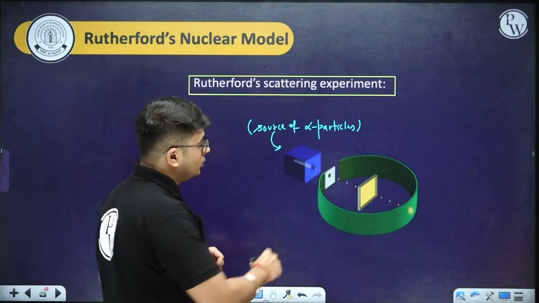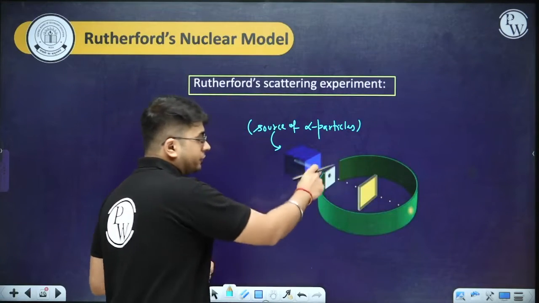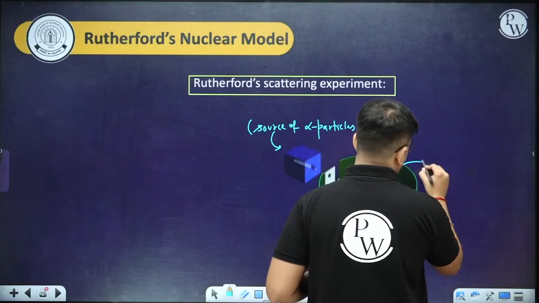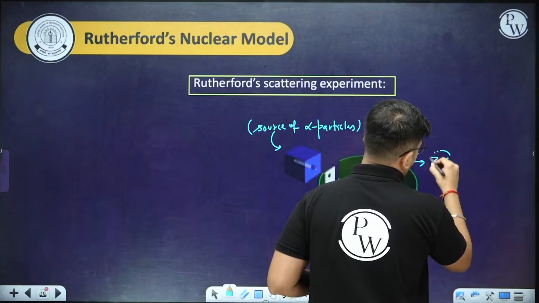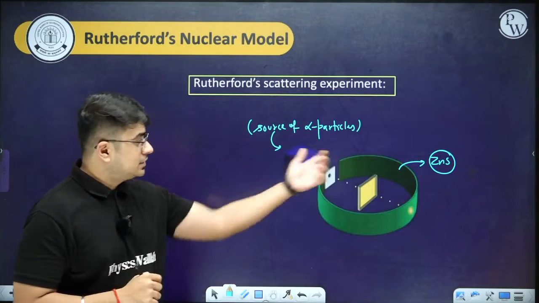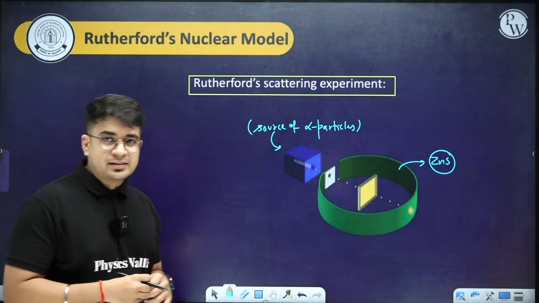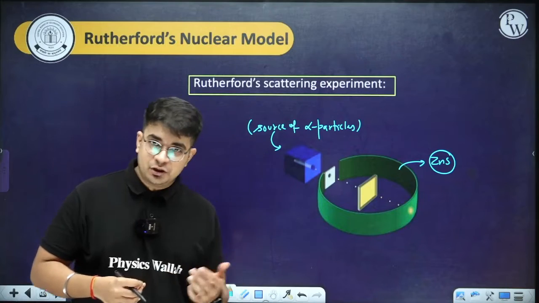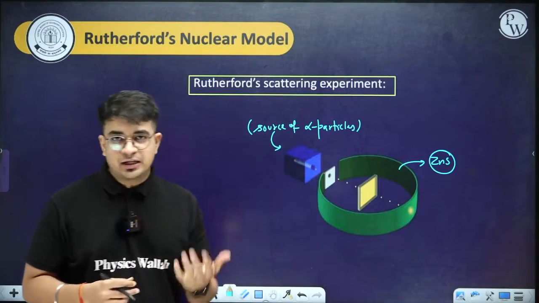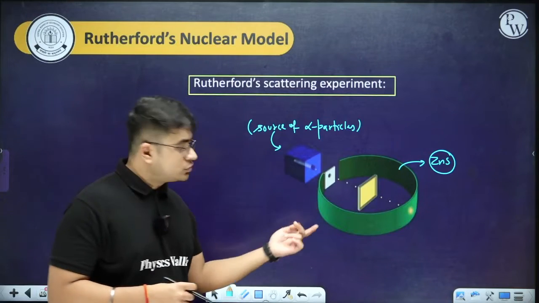Then he covered the entire part with another screen, and this screen contains ZnS, which I already told you about in the cathode ray experiment. Since ZnS shows the effect of scintillation, a spark is produced when these charged alpha particles strike the surface.